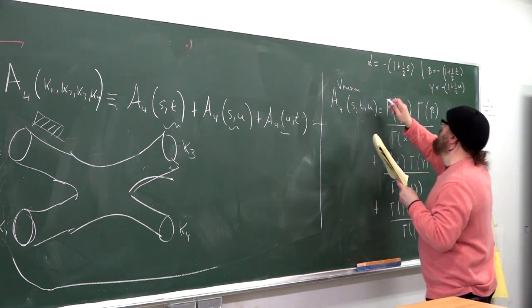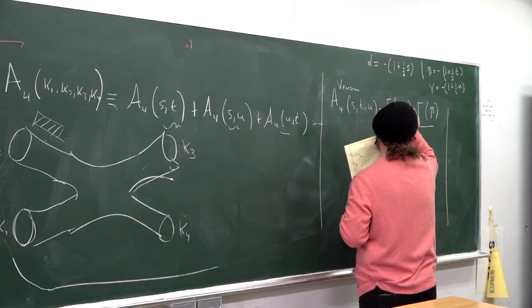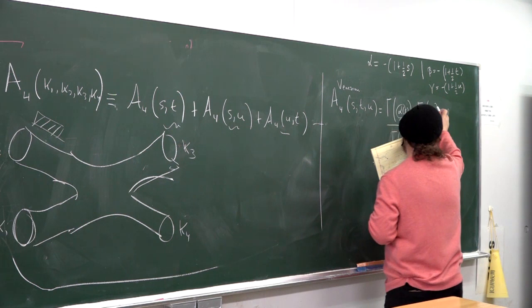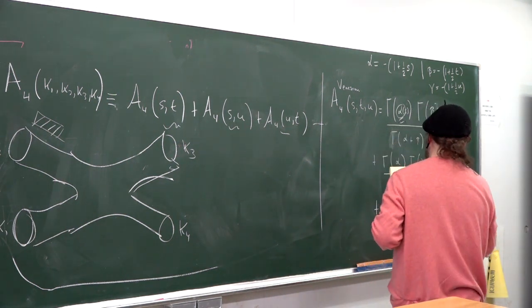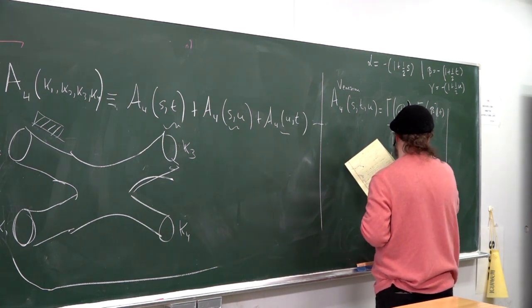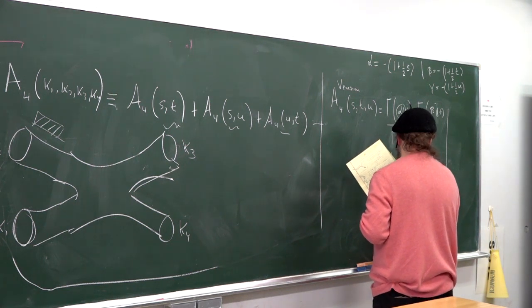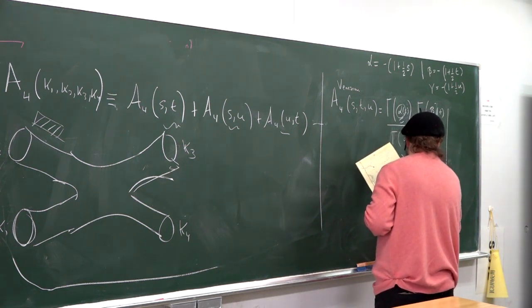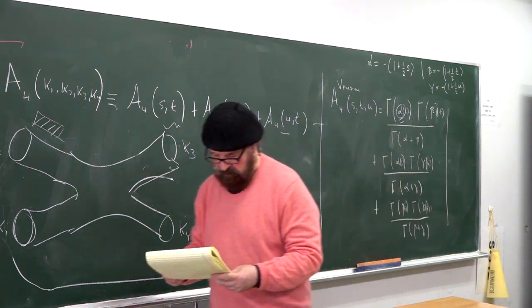So notice that alpha is a function of S, beta is a function of T, and gamma is a function of U. In this way, you can see that alpha, beta, and gamma are all functions of your kinematical variables.